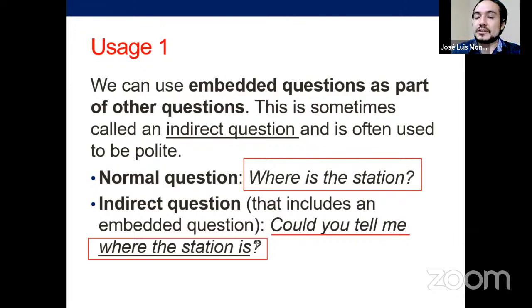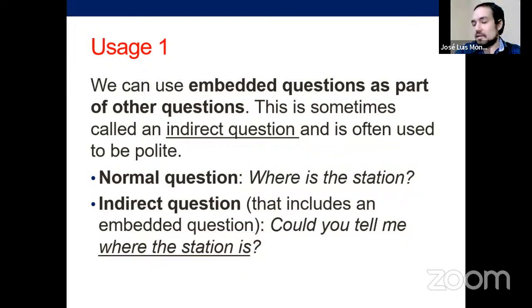But the change is that you don't say where is the station, you say where the station is, because the rule says that if you work with embedded questions, your main question has to be in statement order. It means subject, verb, complement. In this case, the subject is the station and the verb is is. So it has to be in statement order. This is the first usage.